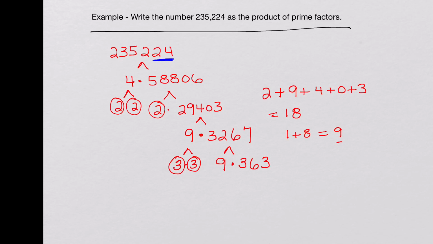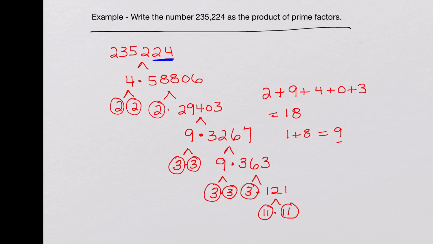Okay. And so the 9 is 3 times 3. And 363, well, that one's pretty easy to see. That's divisible by 3, and I get 121. And 121 is 11 times 11.